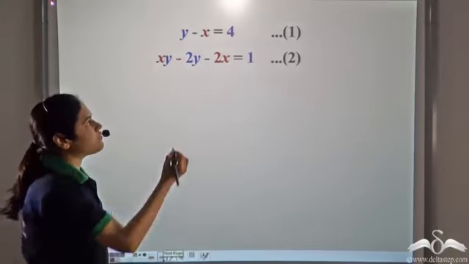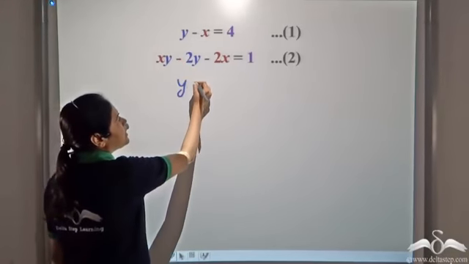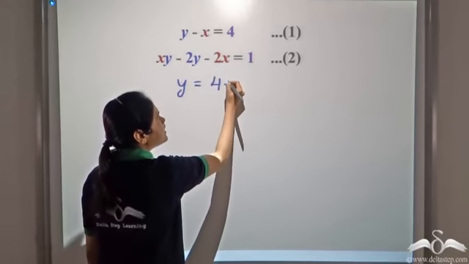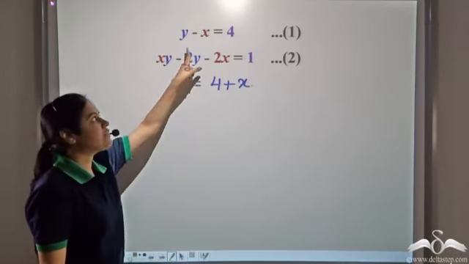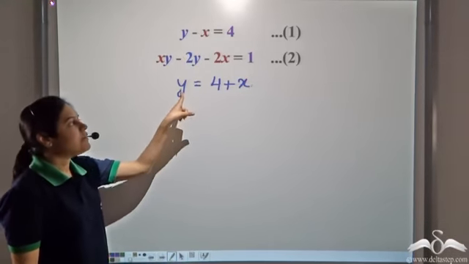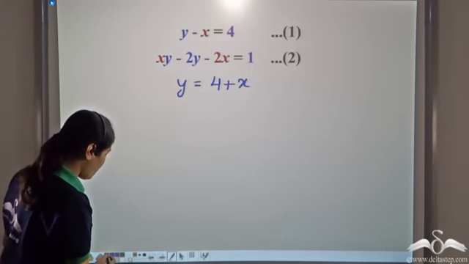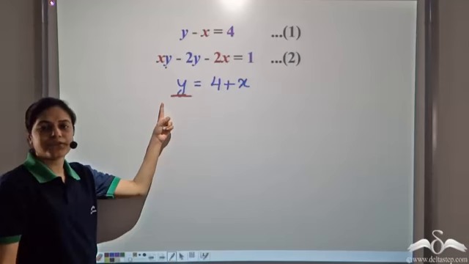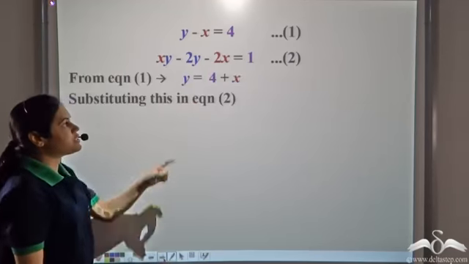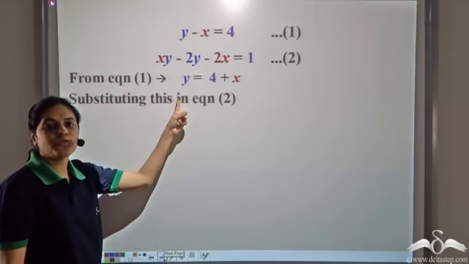Now from equation 1, we have y is equal to 4 plus x. This is the value of y which we get from equation 1. We can substitute this value of y in equation 2 and then solve it. So let us substitute this value of y in equation 2.